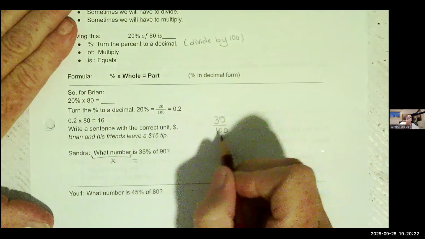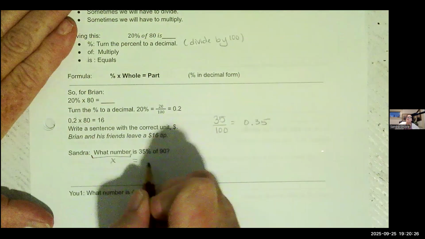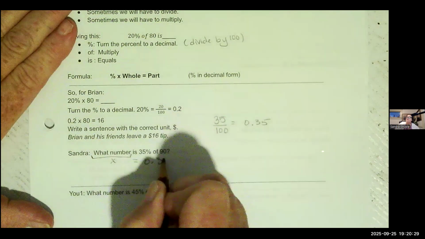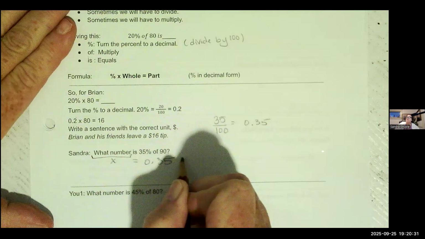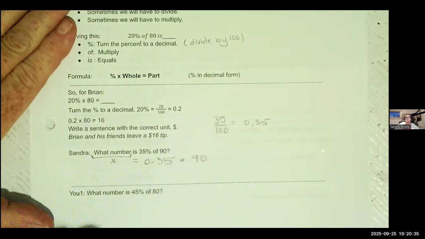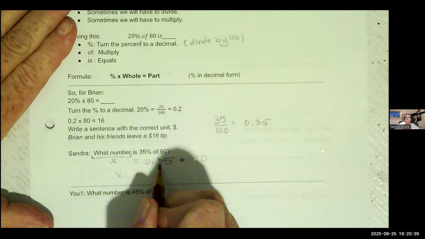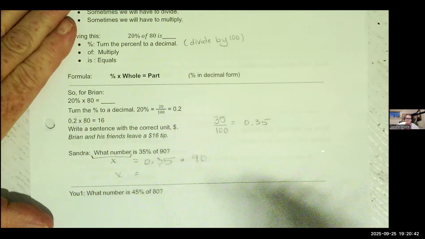So 35 divided by 100, and that is 0.35. Of means multiply, and then 90. So all we need to do to find the number is multiply 0.35 times 90.